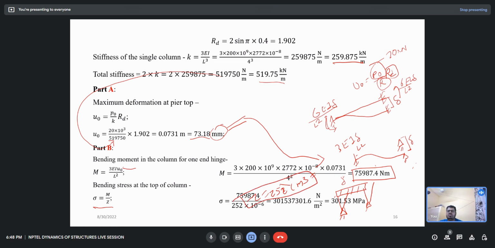So sigma comes out to be M divided by Z. That comes out in Newton per meter square, and I convert it into MPa by dividing by 10 raised to power 6. So that comes out around 300 MPa. So this is my bending stress.